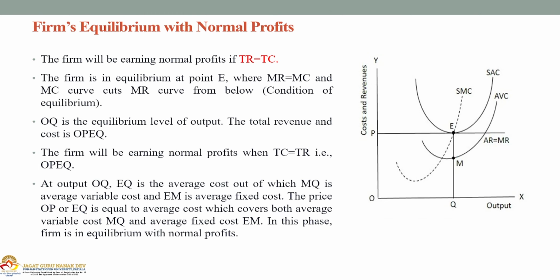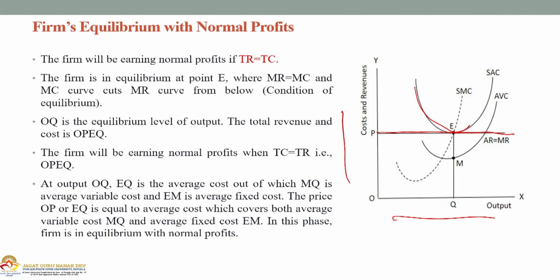It means total revenue is equal to total cost. At that point, there will be normal profits. We will follow the same procedure that we have already discussed in supernormal profits. Again, on the OX axis, output, on the OY axis, cost and revenue. AR is equal to MR and is parallel to the OX axis. Again, it's because of perfect competition.